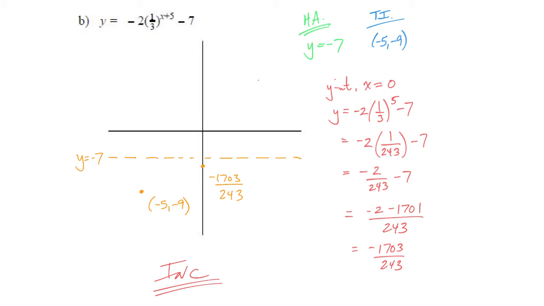Okay, well, the only way that I can connect my 2 points and approach my asymptote is if my curve looks something like that. And notice, we match up with our increasing curve.